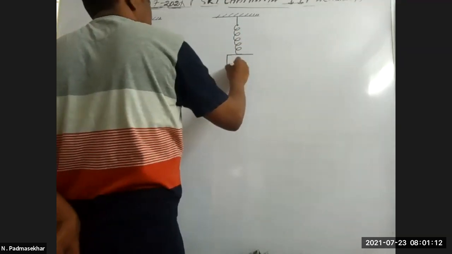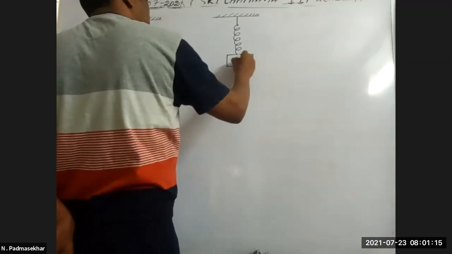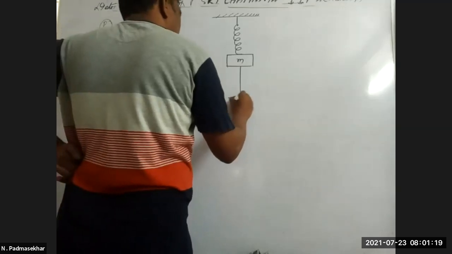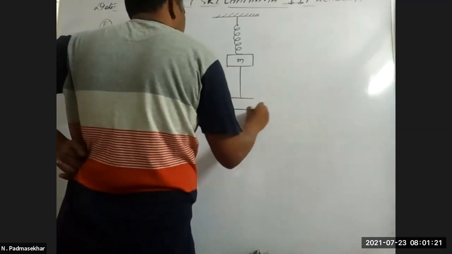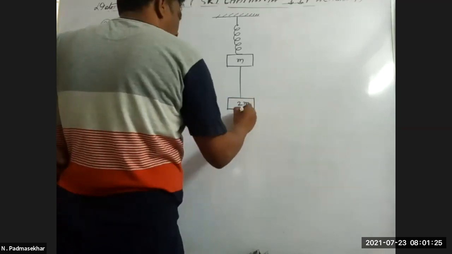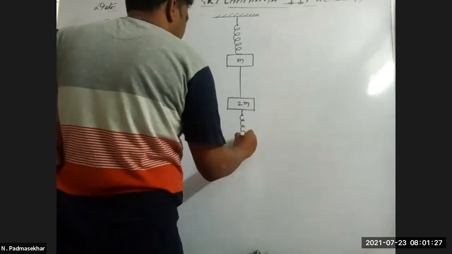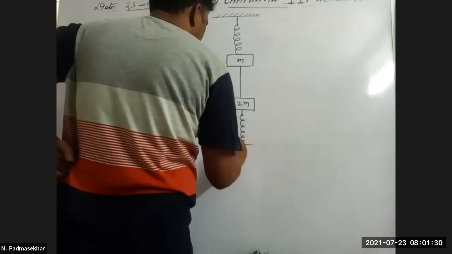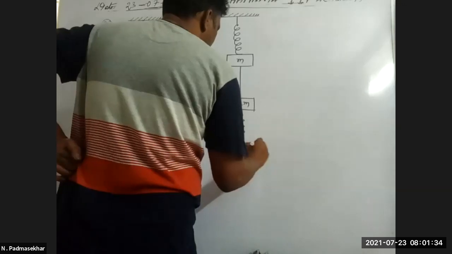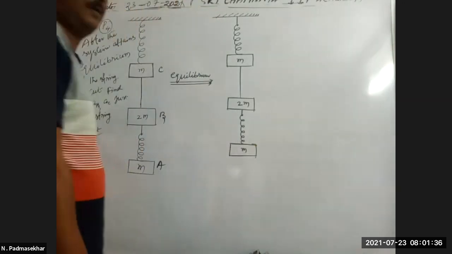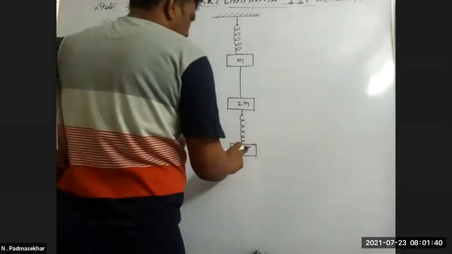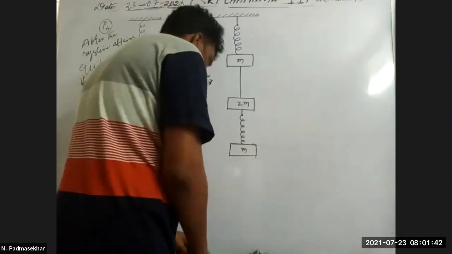Here there is a block of mass M. There is a string. 2m, M, like this. So for equilibrium, let us start from the bottom.